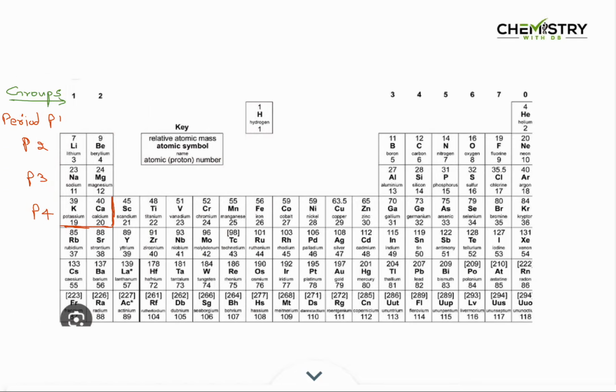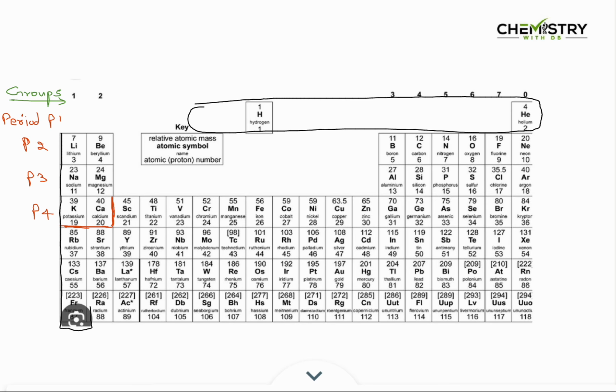Now when we look at the periodic table, these horizontal rows, for example this one, this is the first. So the horizontal rows are periods and the vertical columns, that is this one, these are the columns. So this is the first column, that is group 1.